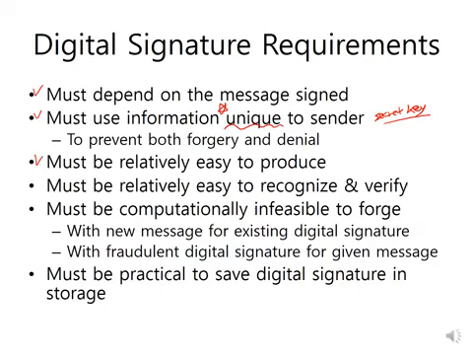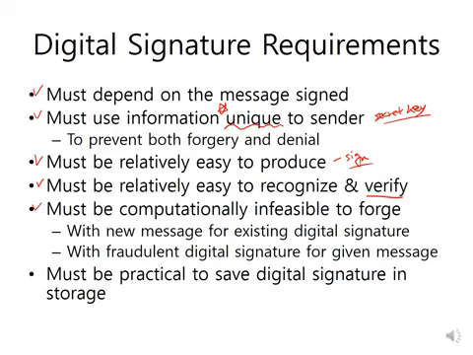And the third one, it must be relatively easy to produce the signature. This is about the sign algorithm. And the next one, it must be relatively easy to recognize and verify. So this is about the verification of the signatures. So in terms of the signature generation and the verification, it should be efficient. This is the requirement.